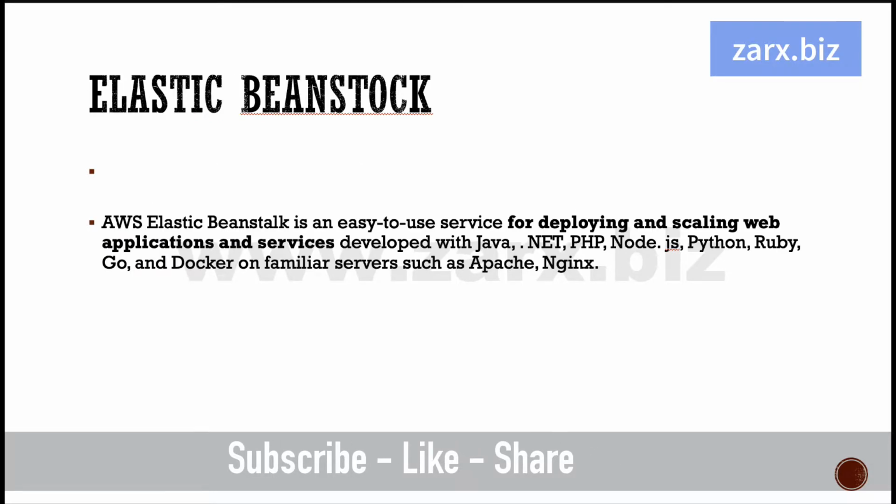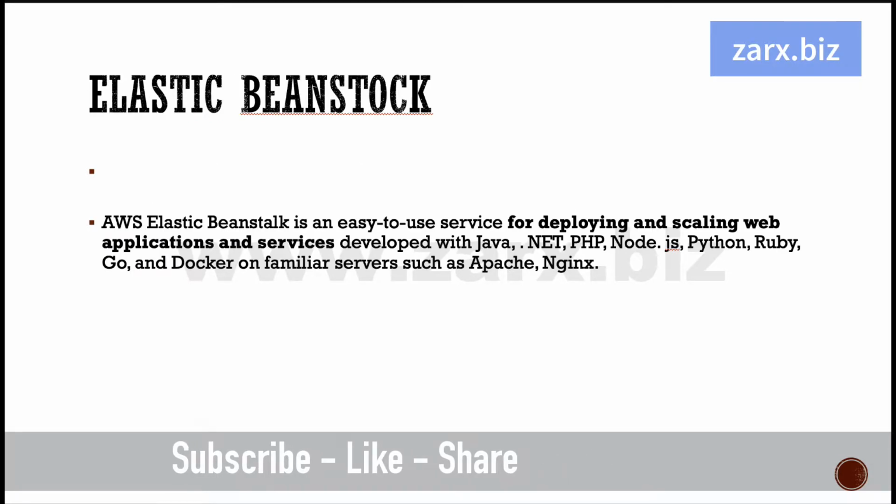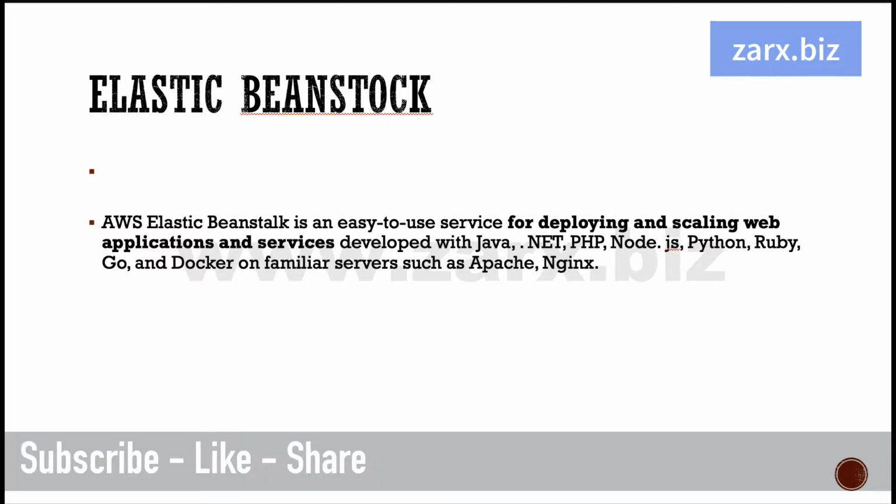Then we have Elastic Beanstalk. AWS Elastic Beanstalk is an easy to use service to deploy and scale web applications and services developed with Java, .NET, PHP, Node.js, Python, Ruby, Go, and Docker on familiar servers such as Apache and Nginx. Now we can do everything custom.